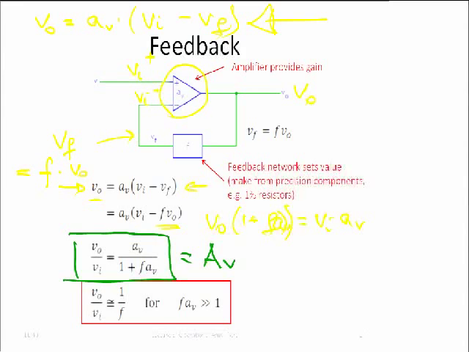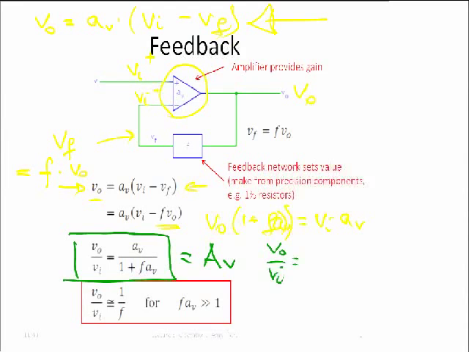It's different than little AV. Now, what does this equation tell us? We've said that AV in practice is going to be very large, in fact infinite if the operational amplifier is good, or ideal.